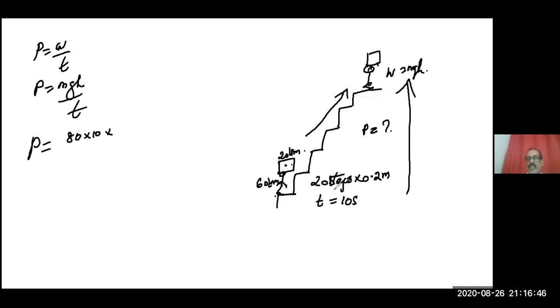Height how much? 20 into 0.2, each step 0.2. Divided by time, 10 seconds. So in the end the answer will be 320 watt power.